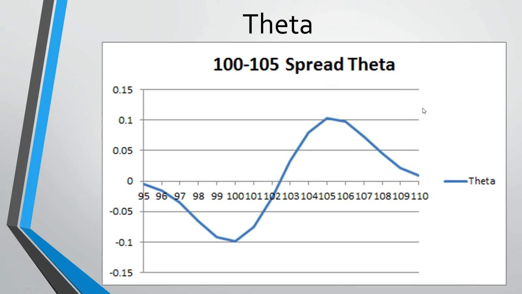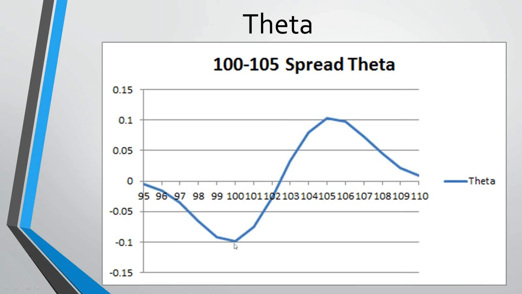Here's the graph of theta. Now remember, this is the 100-105 spread again. Remember we talked about 100 would be at the money if we were going long the spread. Remember, it was only extrinsic value, and every minute that passed, the extrinsic value would decrease. That's what this is showing.